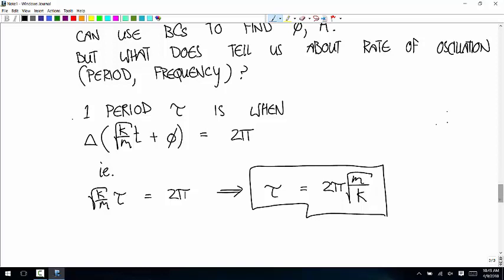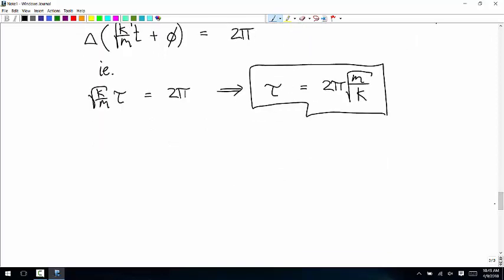The period is how many seconds per oscillation. Frequency is how many oscillations per second. So the frequency f is just equal to 1 over the period, which is 1 over 2 pi times the square root of k over m.